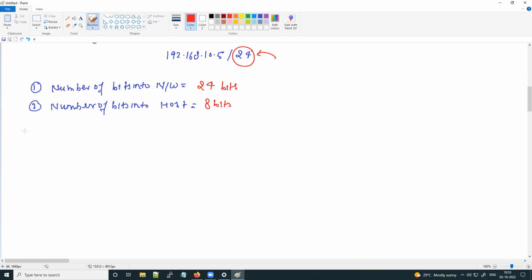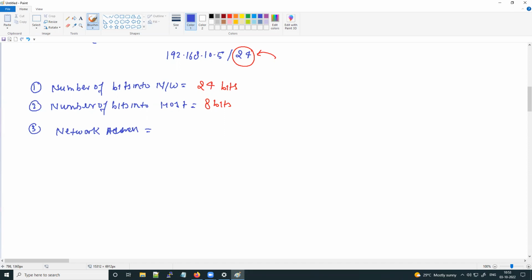The third point is how to identify the host address and network address. To write down the network address, we make all the network bits 1, so total 24 bits on the network side, and the host bits 0.